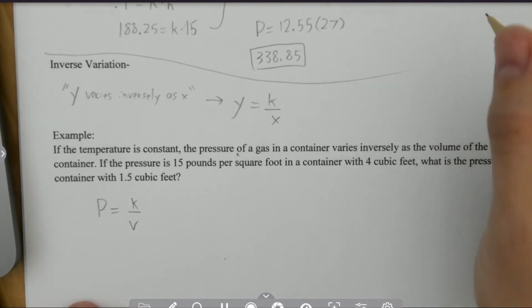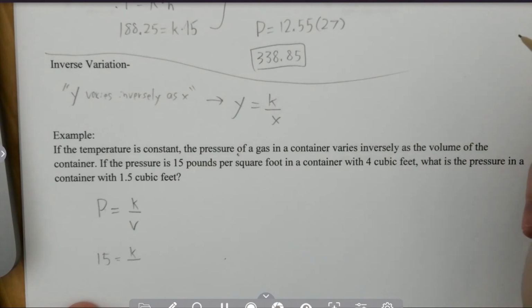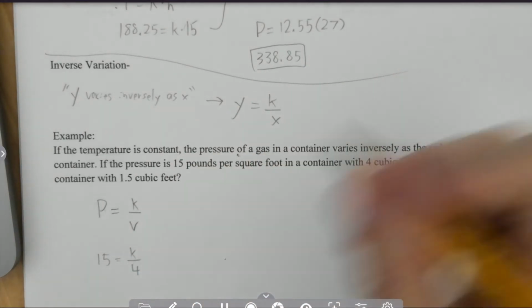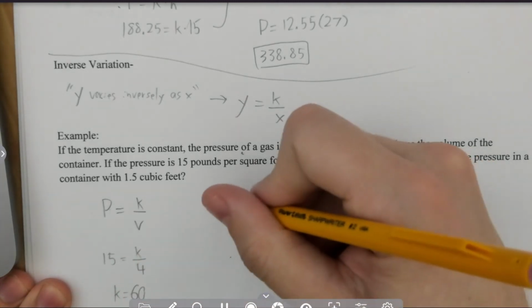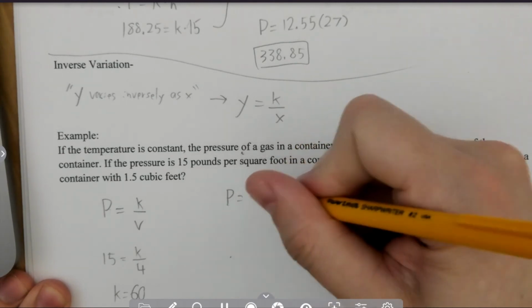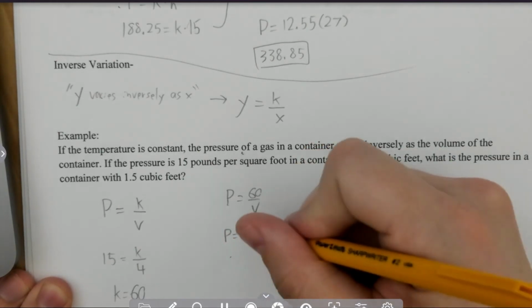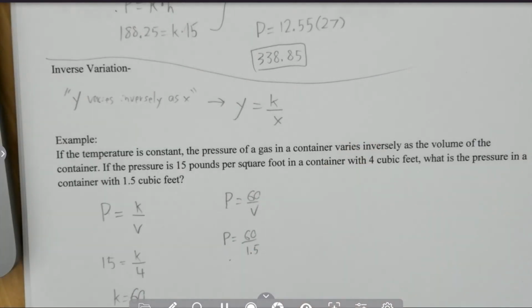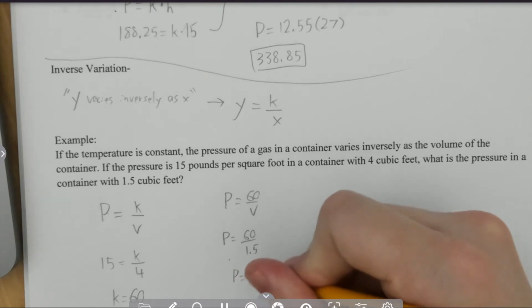There is my equation. If the pressure is 15 with 4 cubic feet, I need to multiply by 4, which makes k 60. Let me update my equation. What is the pressure with 1.5 cubic feet? Now I plug in 1.5 for the volume. So 60 divided by 1.5 is 40.